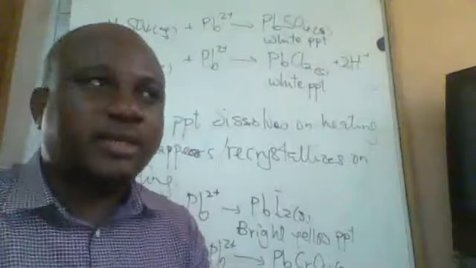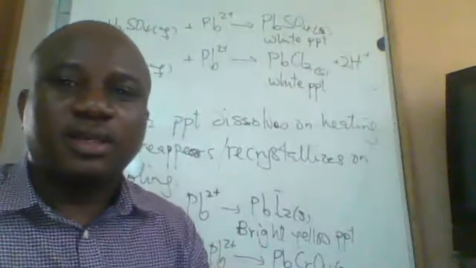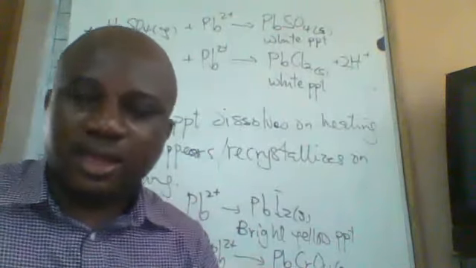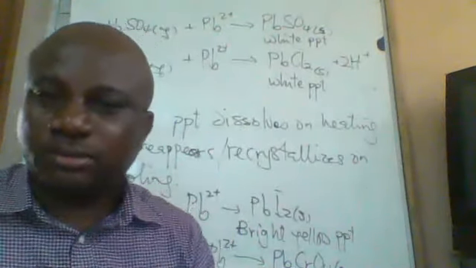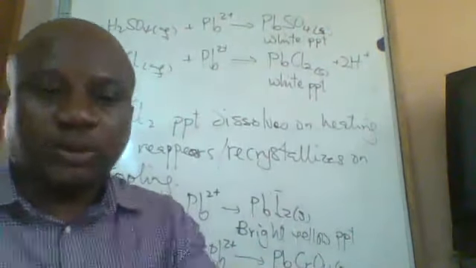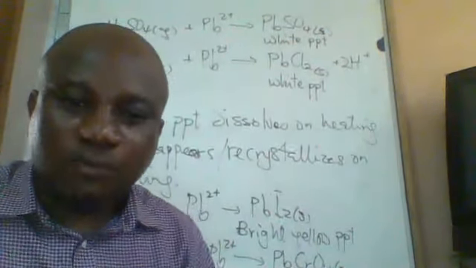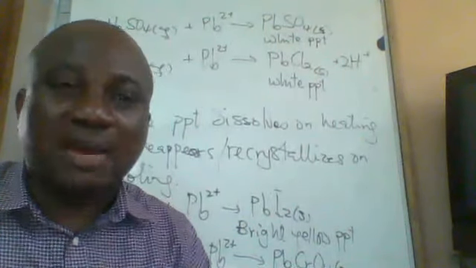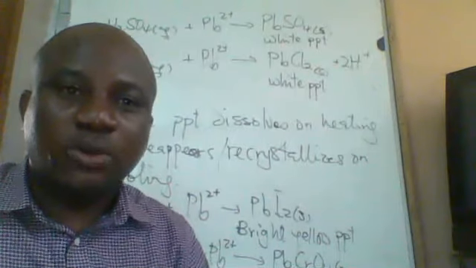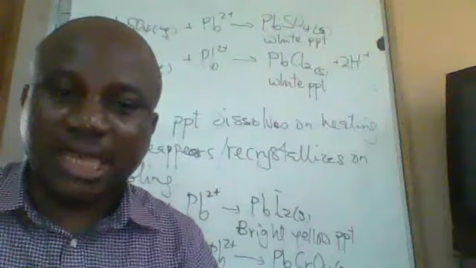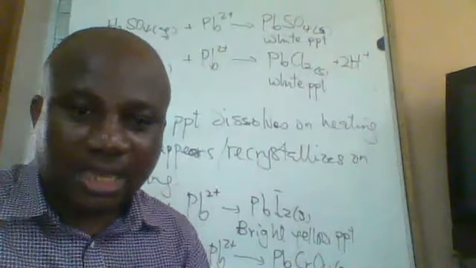So when you add the aqueous ammonia, the PPT dissolves, forming a clear deep blue solution, a very clear deep blue solution. That one alone is a confirmatory test. By using the dilute ammonia, even though it is a preliminary test, it is also used as a confirmatory test.